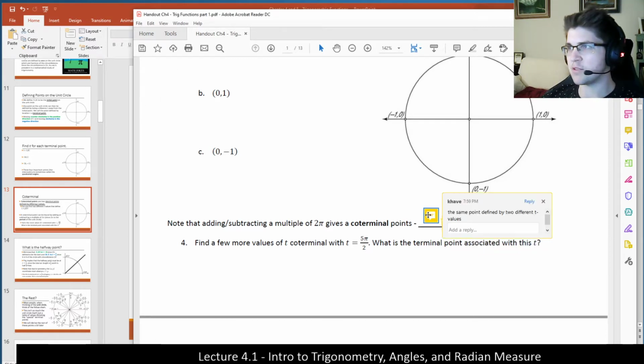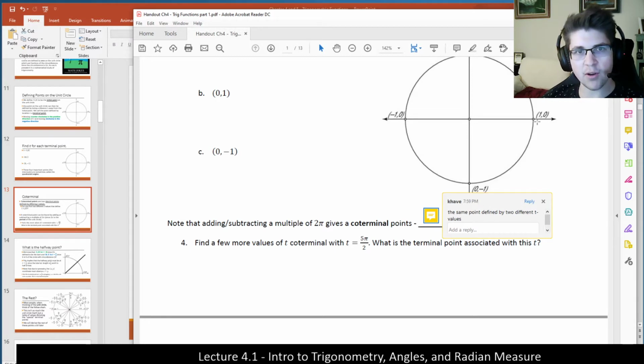The definition of coterminal points is two terminal points in the same position, but I defined it here as the same point defined by two different t values. Like in the previous example, we got to the point (0, -1) by going counterclockwise a distance of 3 pi over 2.